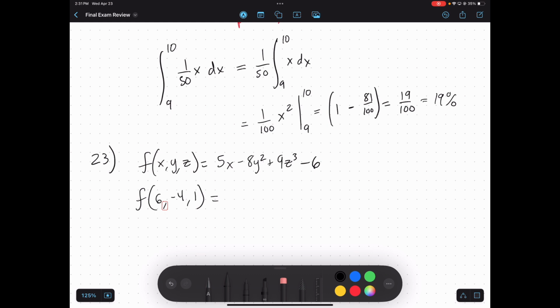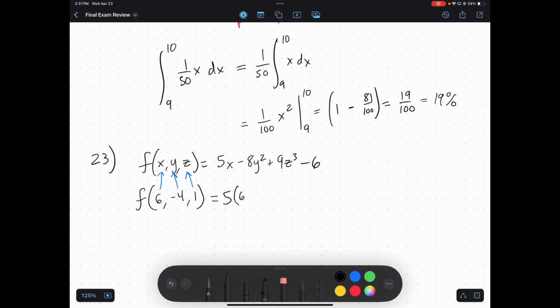Well, what does that ask me to do? How do I evaluate this? Yeah, plug in the values. Where does 6 go? Six is your x, negative 4 is your y, and 1 is your z.